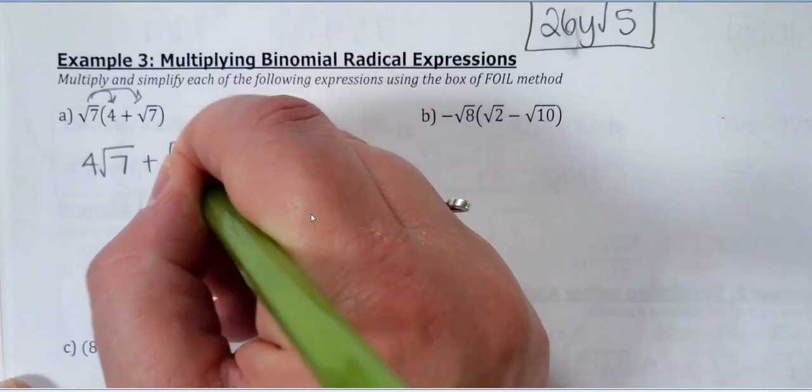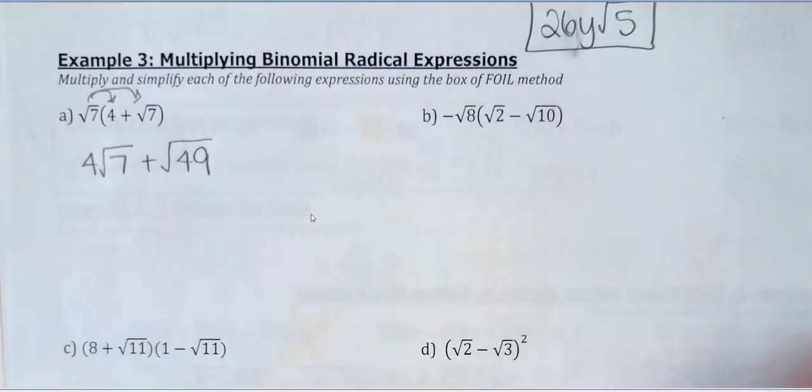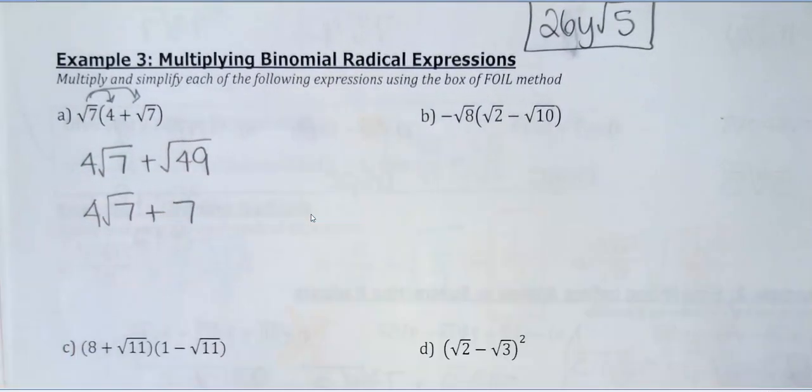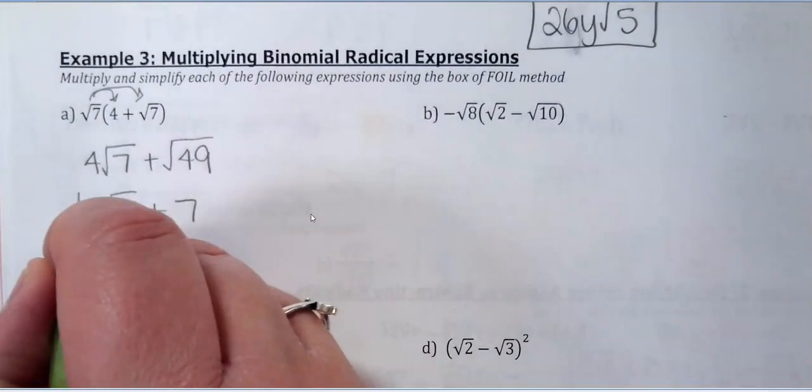And if it's the same exact thing, it should create a perfect square. So 7 times 7 is 49. So this would be 4 roots of 7, and then the square root of 49 simplifies to be 7. I can't go any further with that because I've got a radical and then just a plain number. So this would just be my answer.